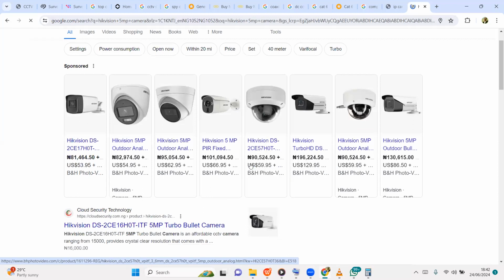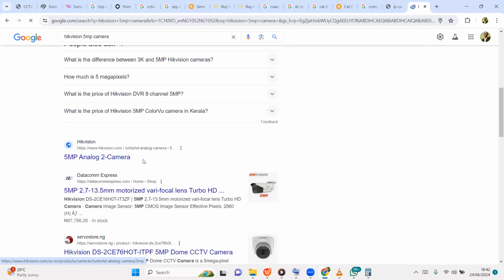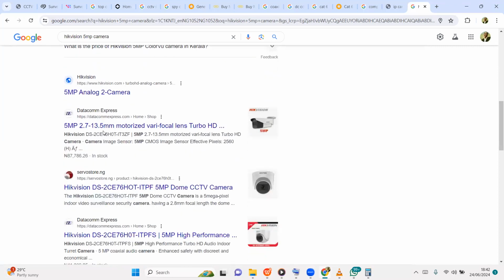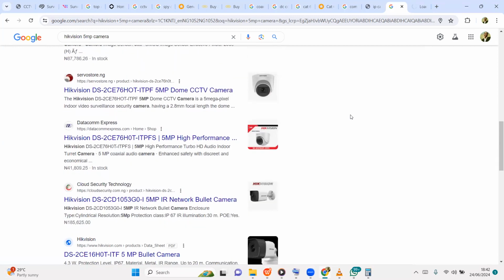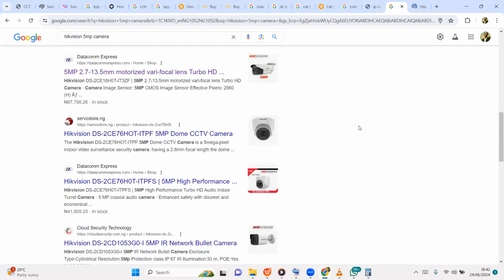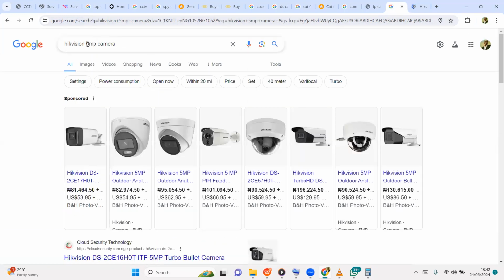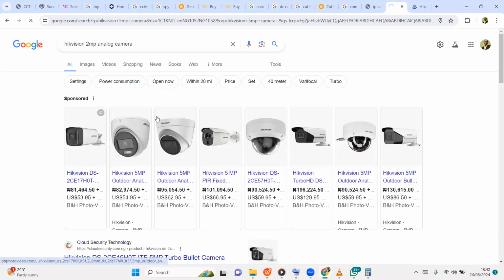Sometimes when they tell you something is 5MP, it's not necessarily 5MP, so you want to be very sure, depending on the brand. This is a 2MP camera.